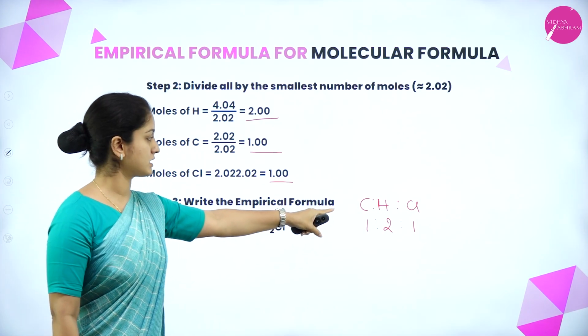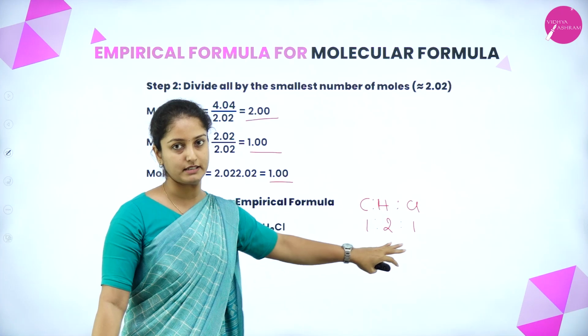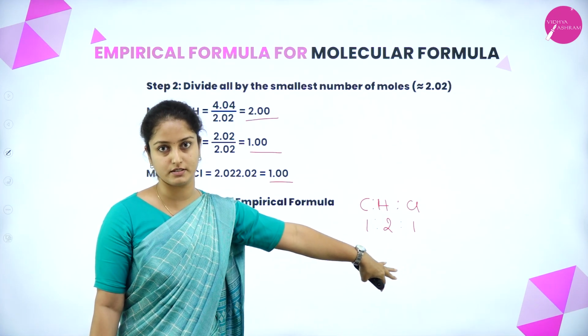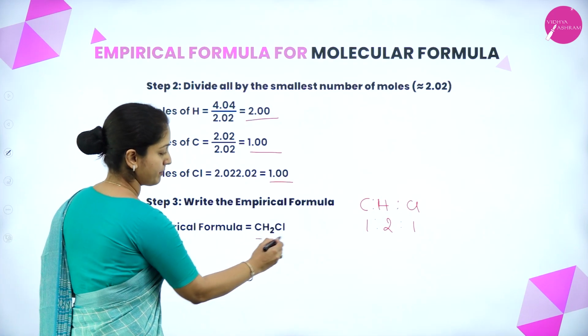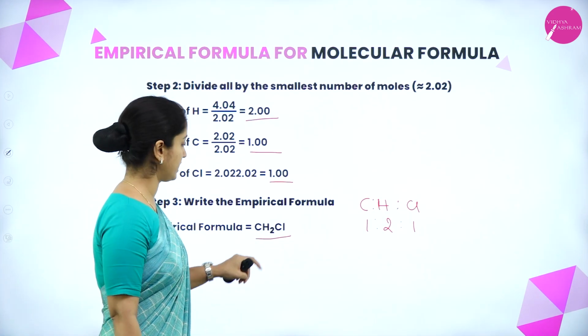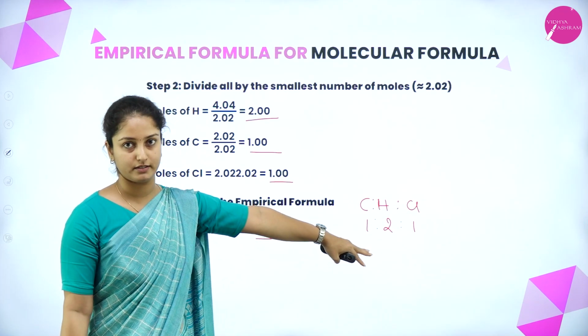Therefore, carbon is 1, hydrogen is 2 and chlorine is 1. This is the simplest whole number ratio we arrived at. Putting it together, we get the empirical formula of the compound, CH2Cl.